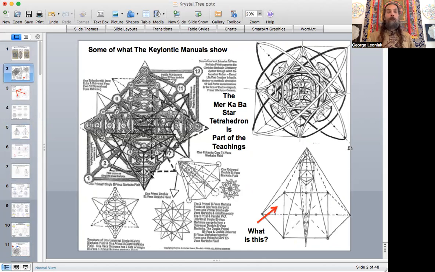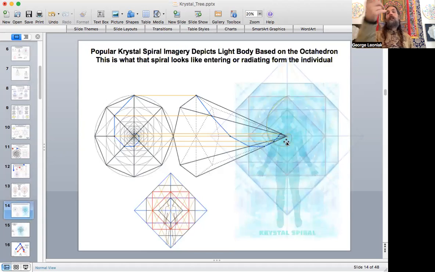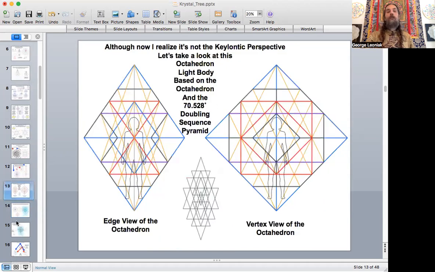But I don't think some of the popular versions of the way you see it are depicting it the way that it may actually be presented, because everything about this diagram is showing me something completely different about what this is based on, being based on the octahedron based symmetry.